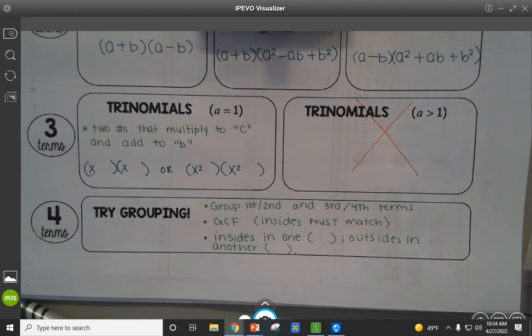That's all of the factoring that we did, and we'll stop there.